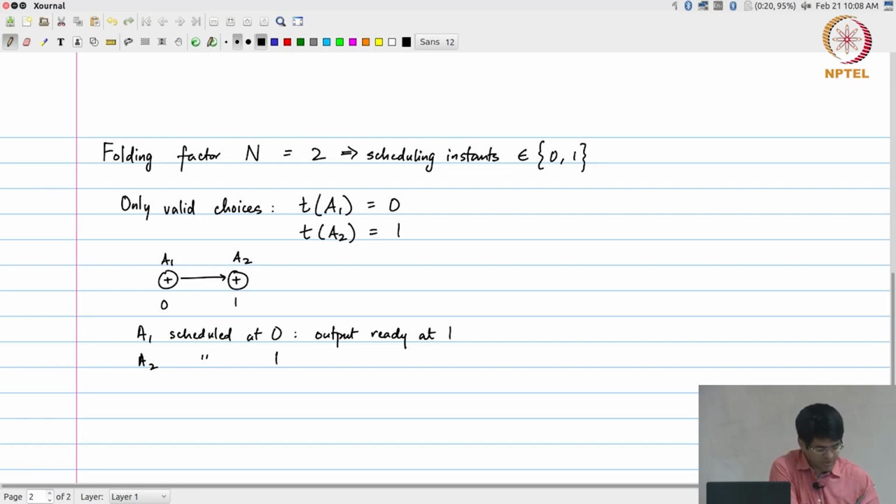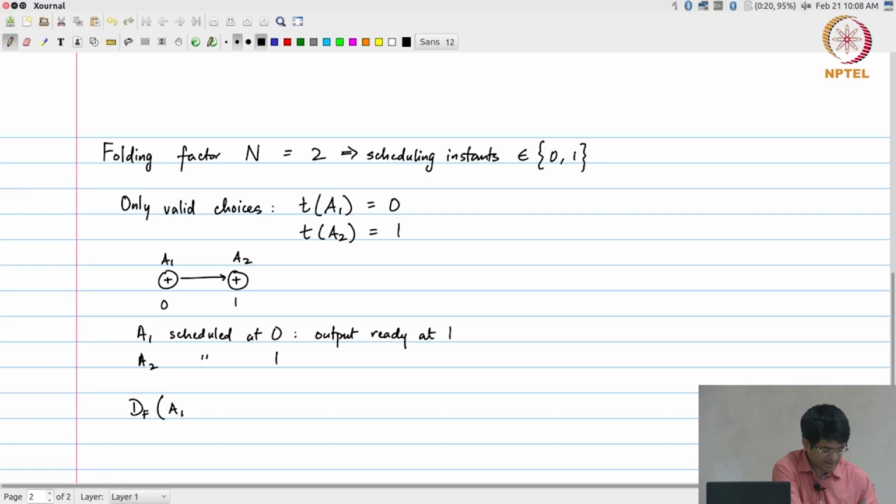Okay. So what I am going to do is define a term over here saying that df, right. The idea of df is simply, are there any extra delays or registers required on the edge connecting A1 to A2, okay.